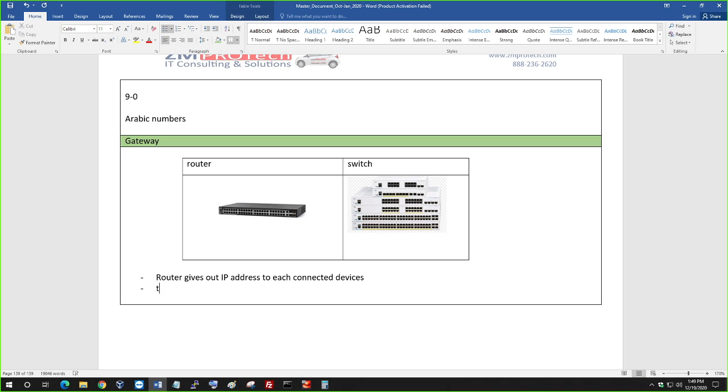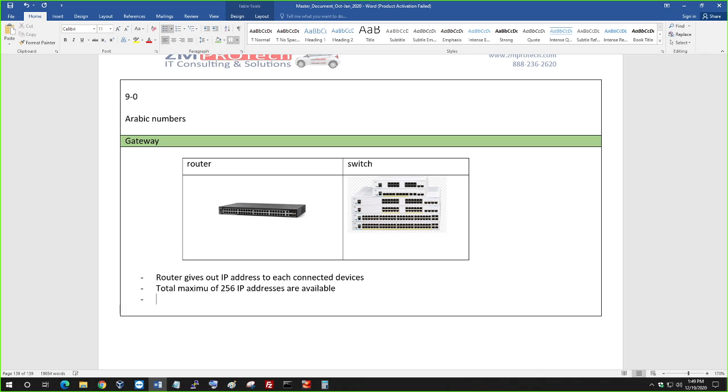Okay, so a total maximum you could have is 256 IP addresses available. And how would that be calculated? 2 to the power of 8 equals 256. Okay, that's how it's calculated.